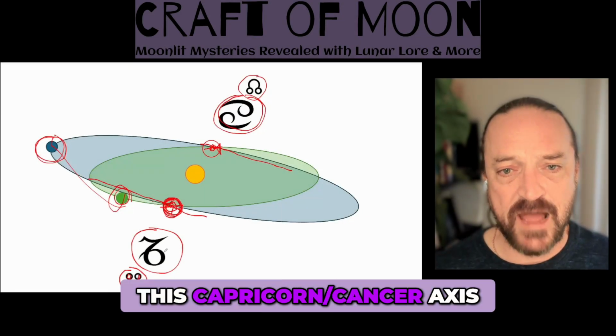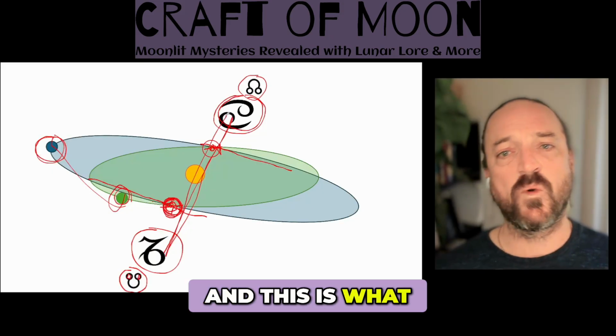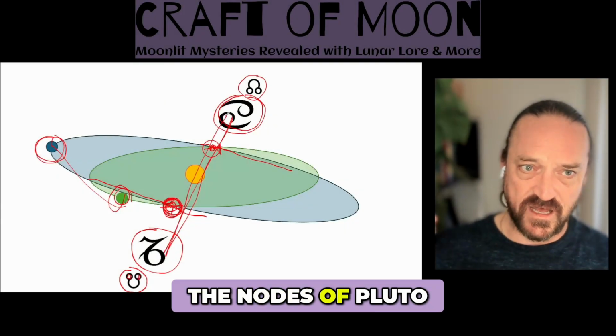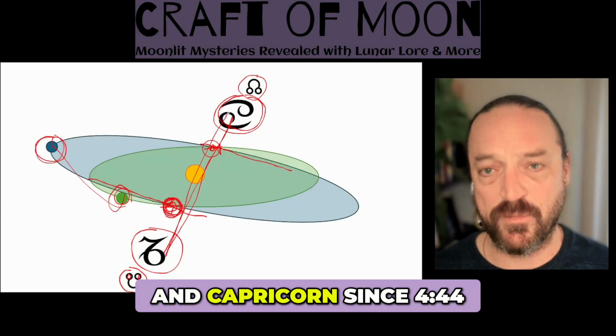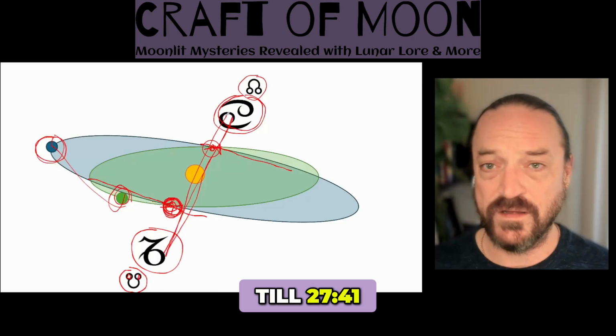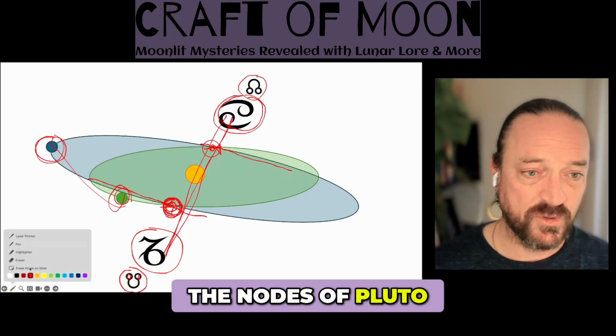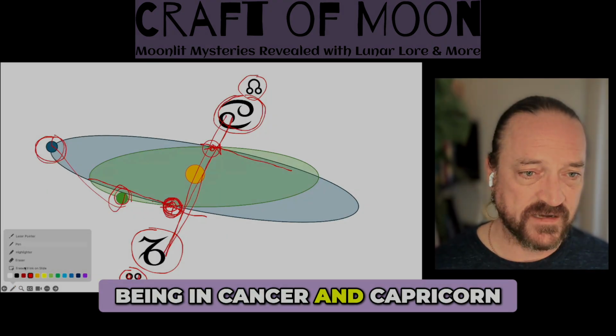So this Capricorn-Cancer axis is what I'm talking about. The nodes of Pluto have been in Cancer and Capricorn since 444 and will be there till 2741. So that's what we're talking about when we're talking about the nodes of Pluto being in Cancer and Capricorn.